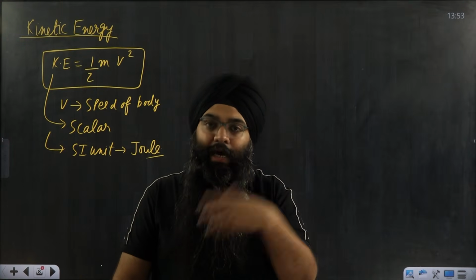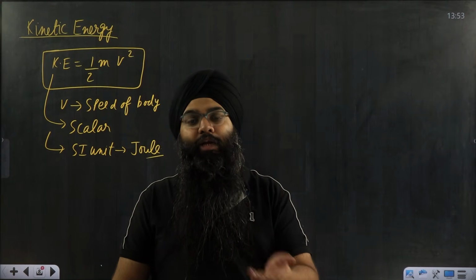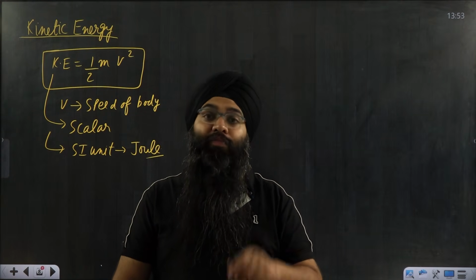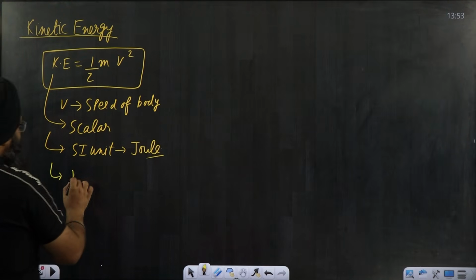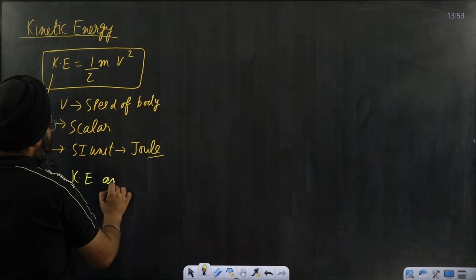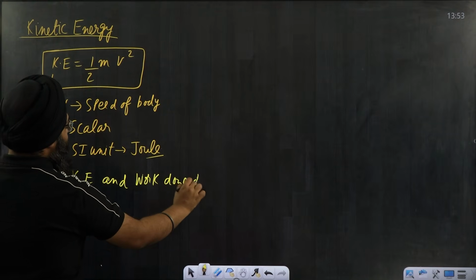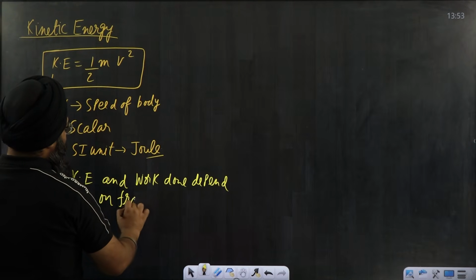So in that case the kinetic energy with respect to me will be 0. That is why the kinetic energy of the body depends on the frame from which the body is seen. In the same way, the work done also depends on the frame of reference. So let me write these points: kinetic energy and work done depend on frame of reference.